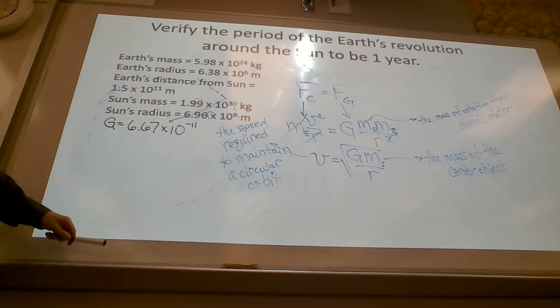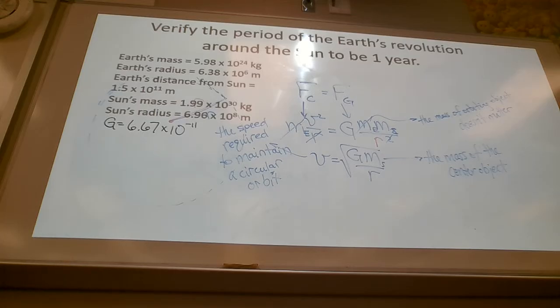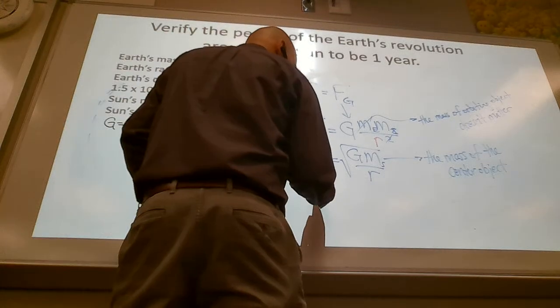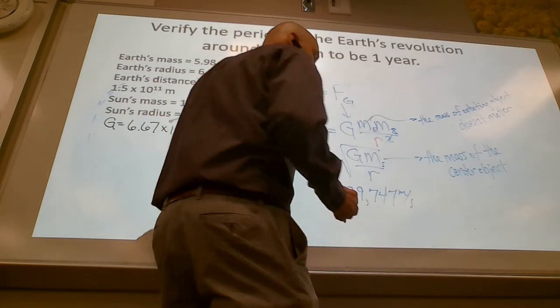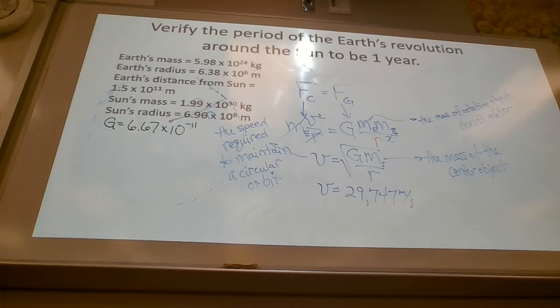Here's the value for G. 29,747 meters per second is the correct answer.